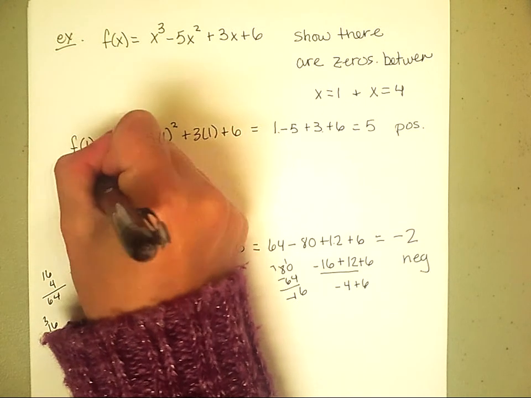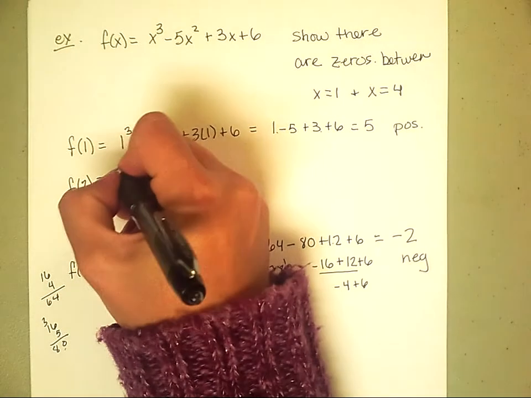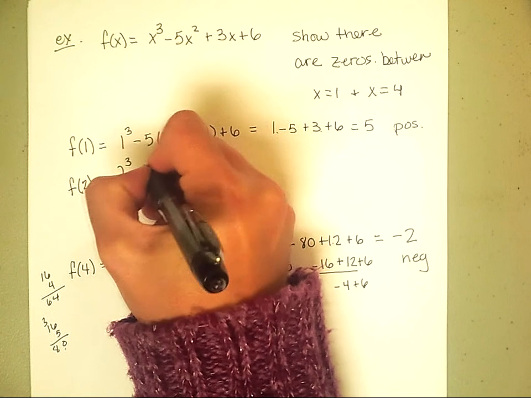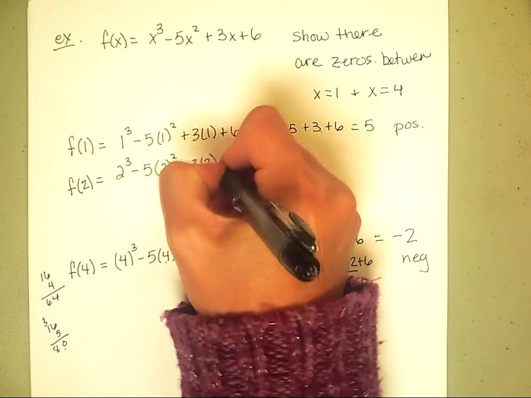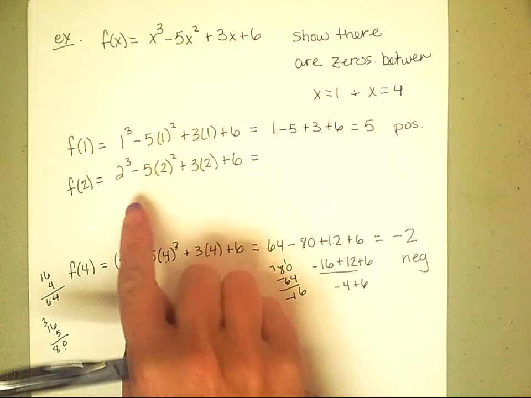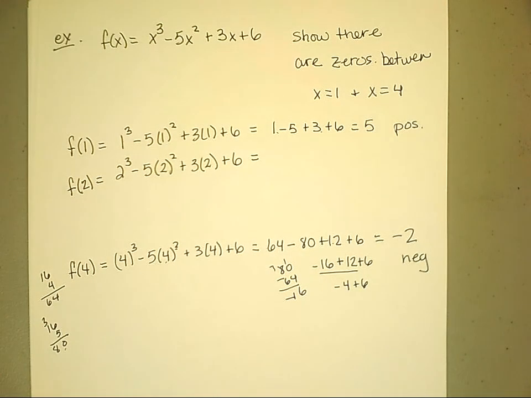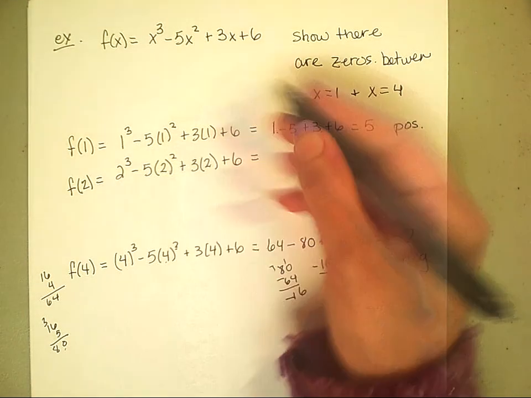Okay. Now if I'm doing it by hand, let's just evaluate the next one. So 2 cubed, the next integer. It doesn't mean that those zeros are going to actually occur at integer values.